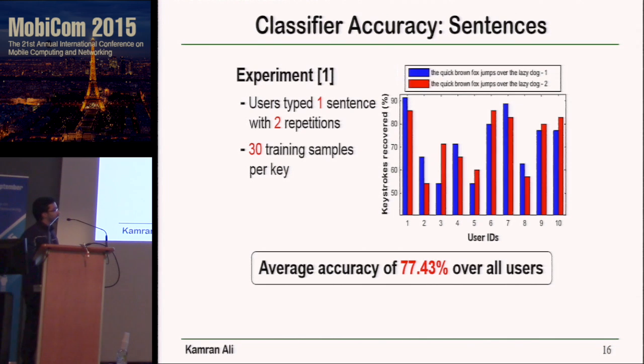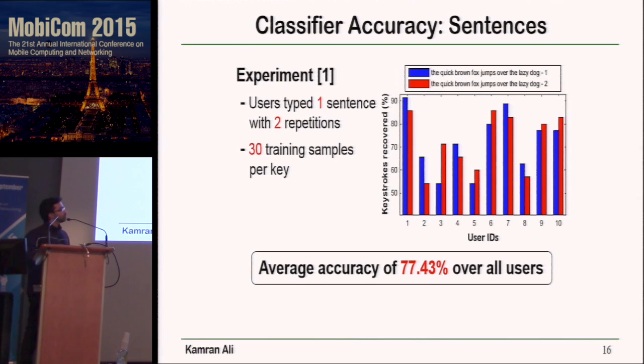For some users the classification accuracy was pretty high, around 90%, and for some it was 55%. This again happens because when users are typing sentences, they have slightly different typing behavior as compared to when users are typing single keystrokes.